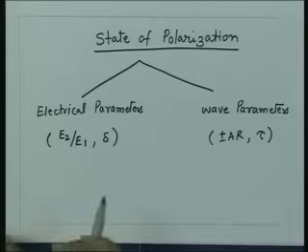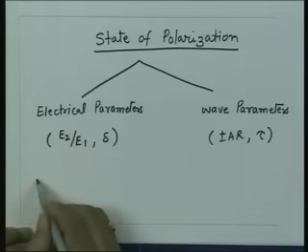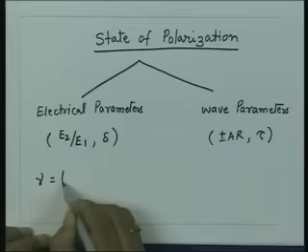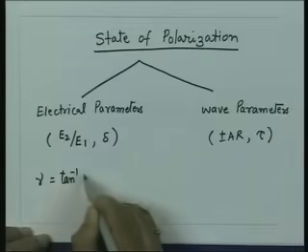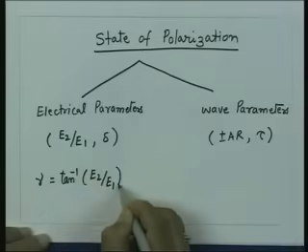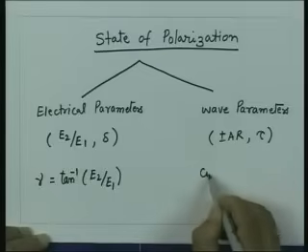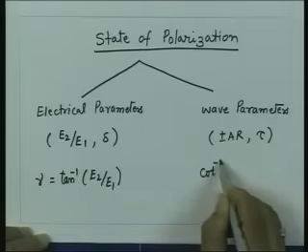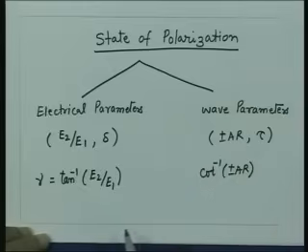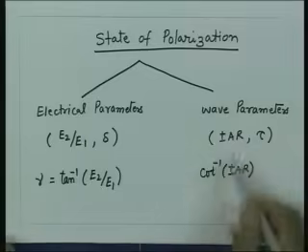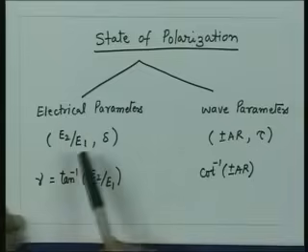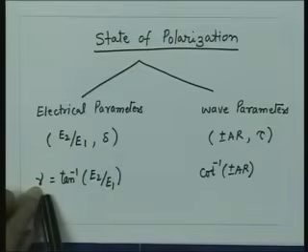So, what is done is you define a parameter called gamma, which is tan inverse of E2 by E1, and you define cot inverse of plus minus AR as the angle corresponding to this. So, what we got here, the ratio is now also defined in terms of this angle gamma.